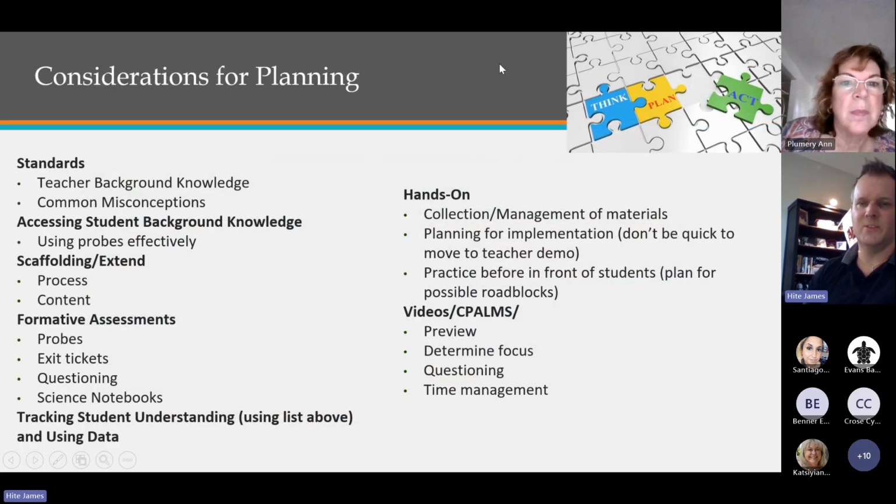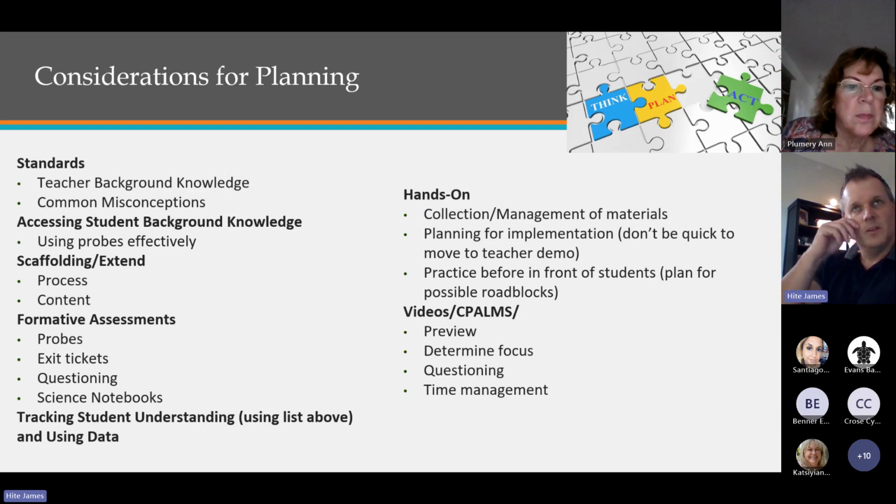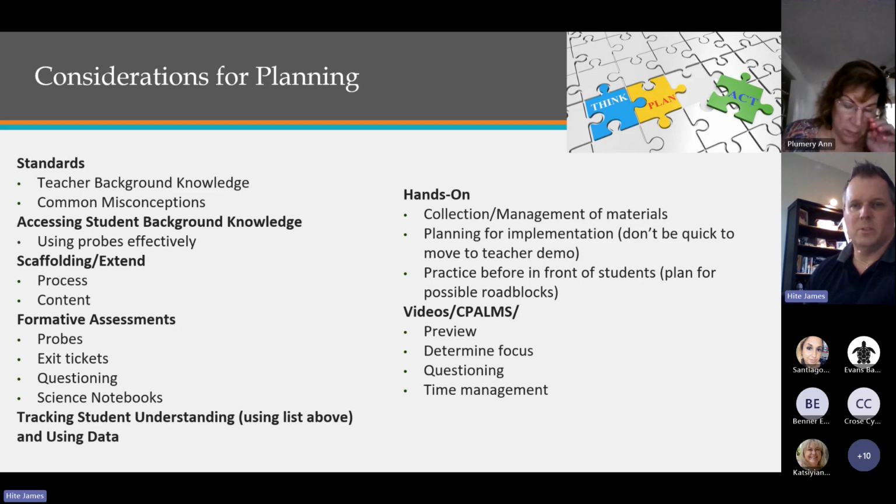And just some considerations for planning. So again, we design and put these together for, think about, 78 elementary schools. So each school is completely different depending on your location, and each classroom is completely different. So we highly encourage teachers to take what we have and modify, make sure it meets the needs of your students.